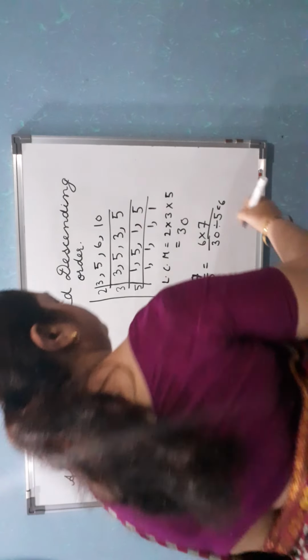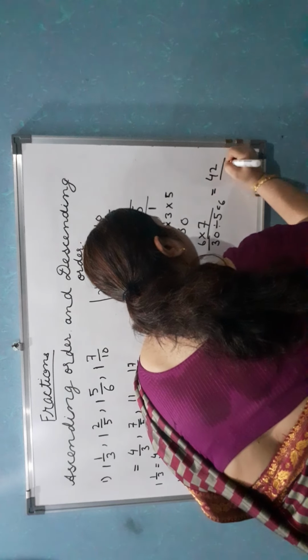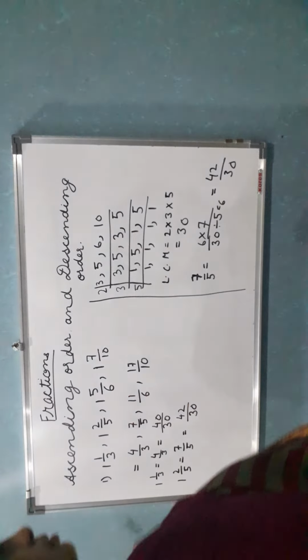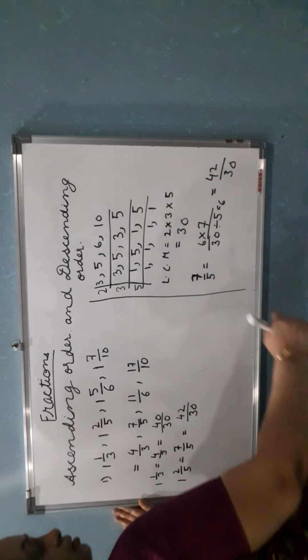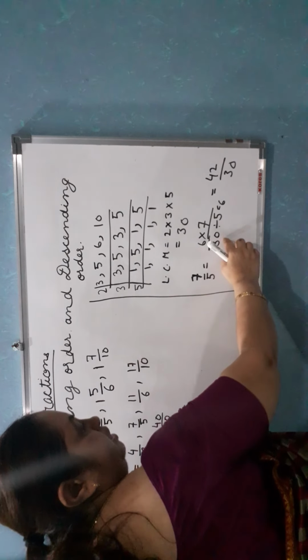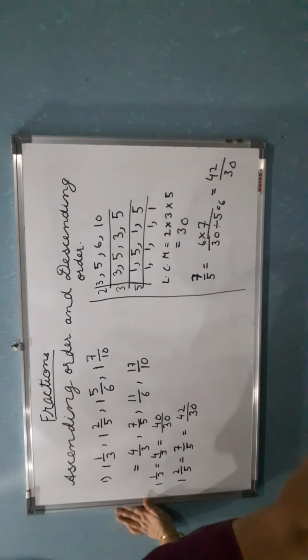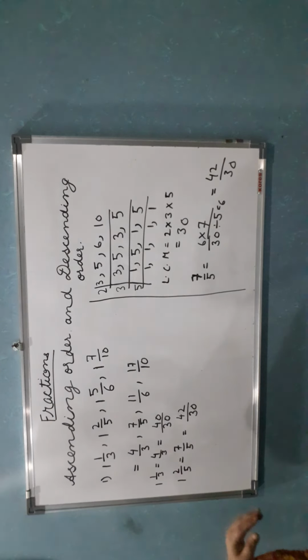Okay. Now what will you get? 6 7s are 42 and the denominator is 30 here. 30 will remain the same. Here the denominator will remain the same. Just divide by 5, you will get the answer 6, and then you multiply it with the numerator.